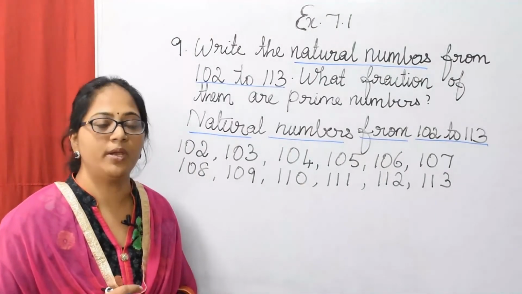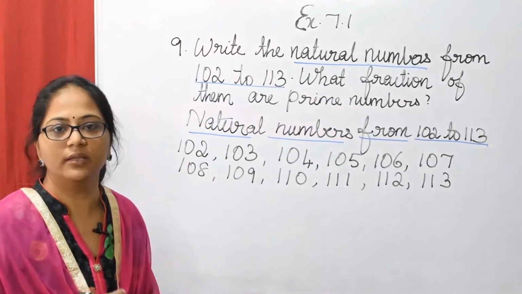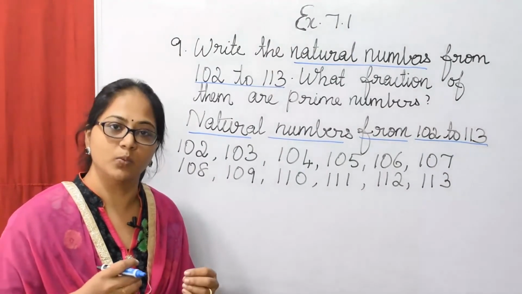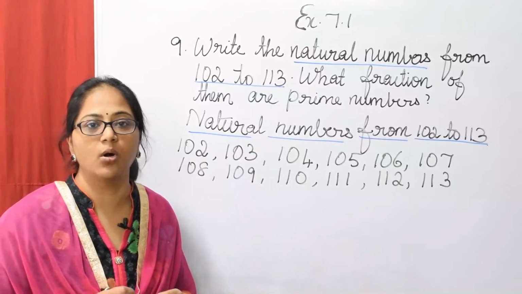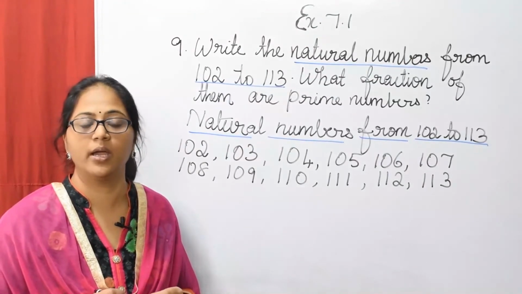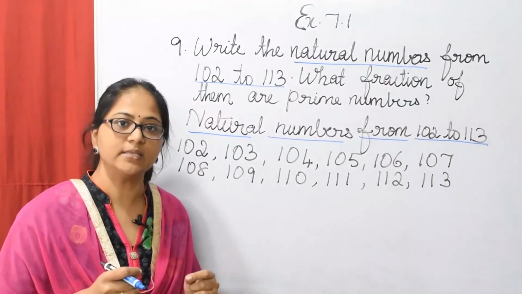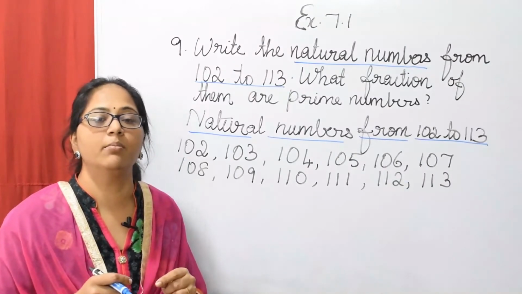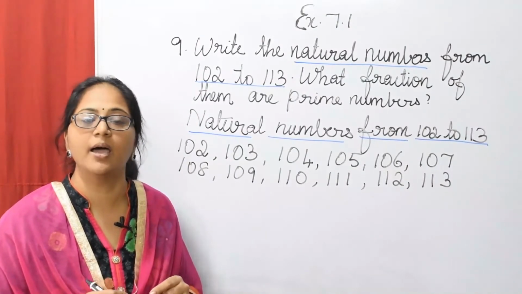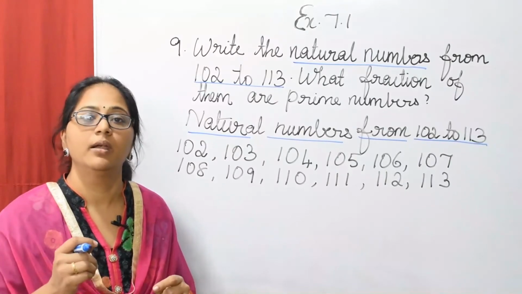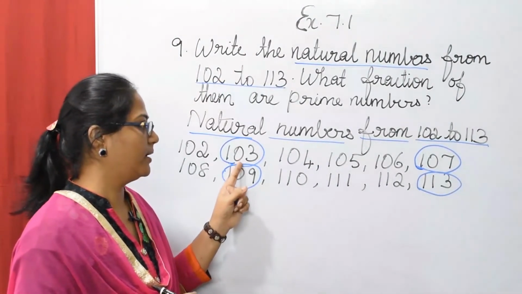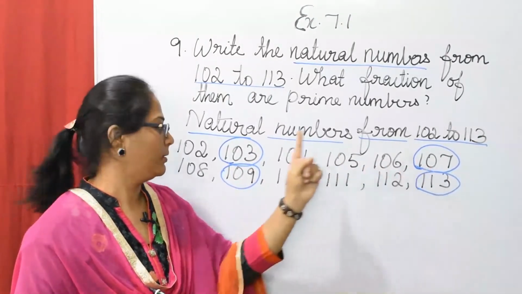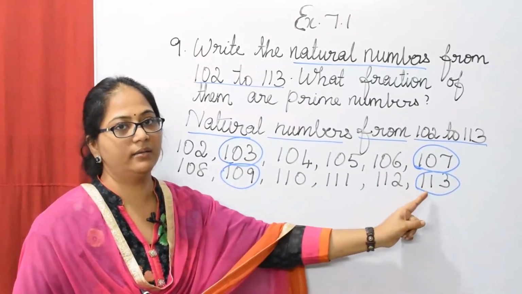Students, what do you mean by prime numbers first? The number which has 1 and the same number as its factors is called a prime number. Now we have 4 prime numbers here: 103, 107, 109, 113.